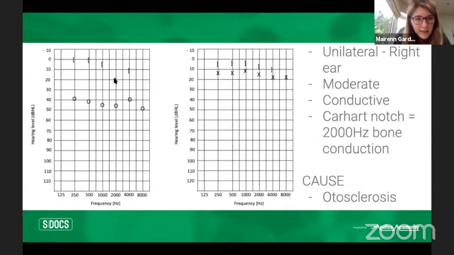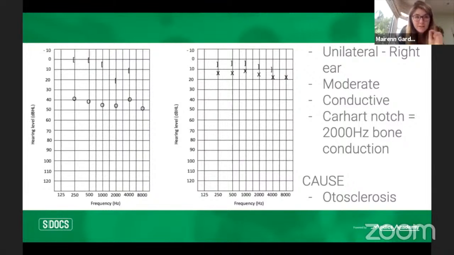Something here that is quite subtle but useful to notice is that there's a peak decrease in bone conduction at 2000 Hertz. This is something called the Carhart notch, and is quite indicative of otosclerosis.